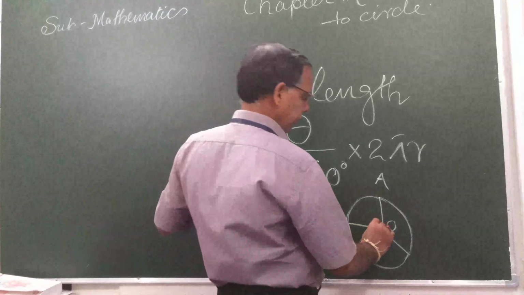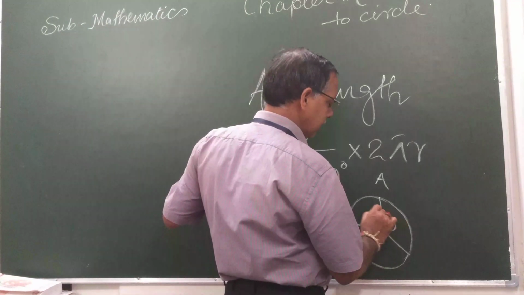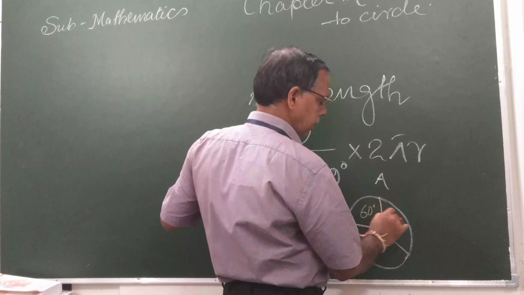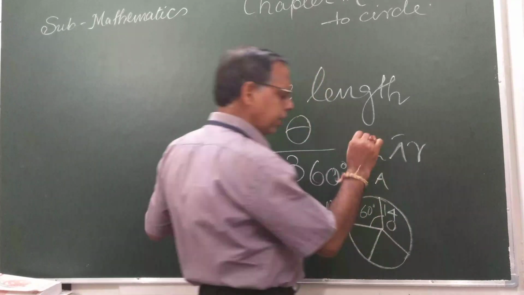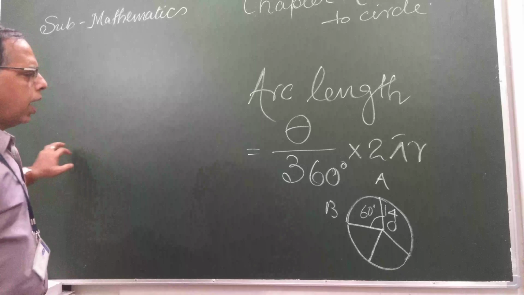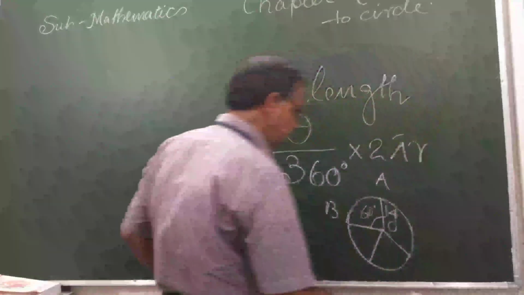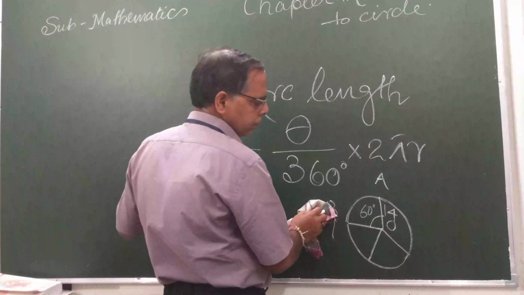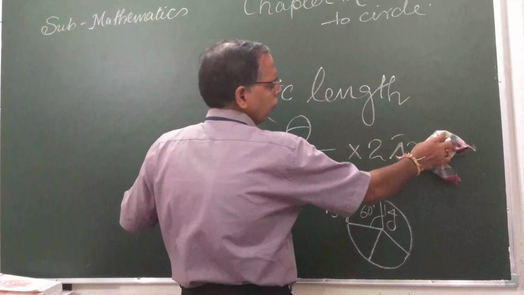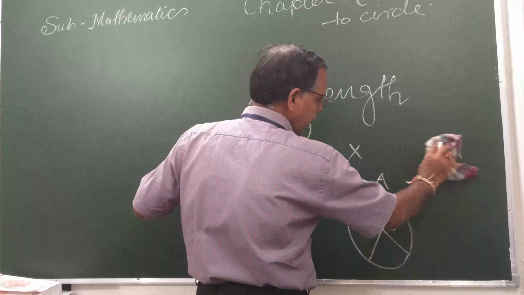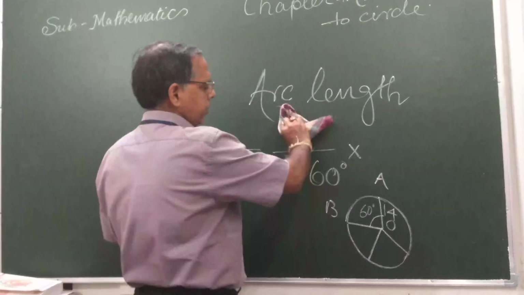Suppose the angle is 60 degree and the radius is 14 centimeter, then what is the arc length?